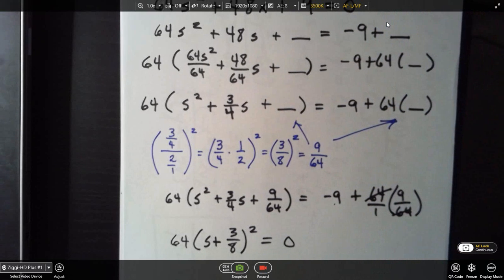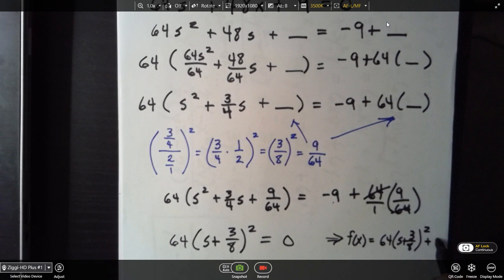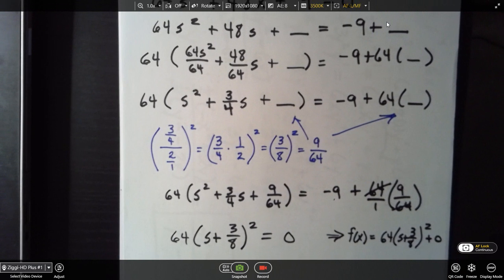Well, this is the vertex. I'll just go ahead and put f of x, if you go to the side, put it in f of x form. That's going to be f of x is equal to 64 times s plus 3/8 quantity squared plus 0. So the vertex is -3/8 and 0.